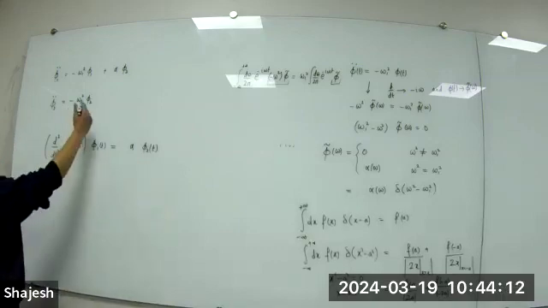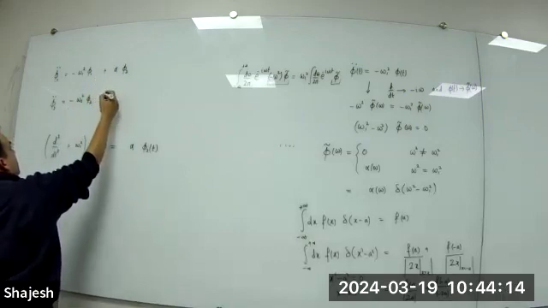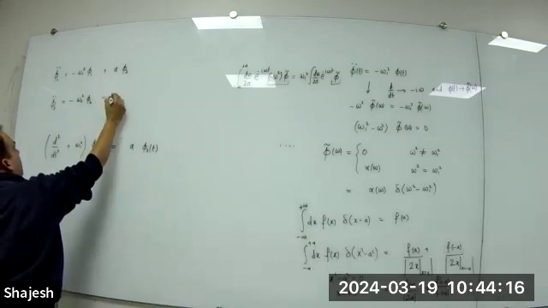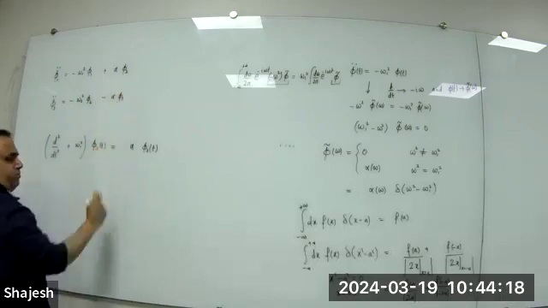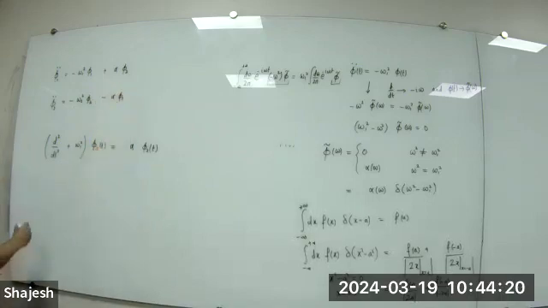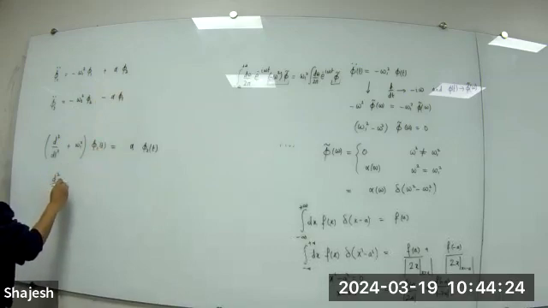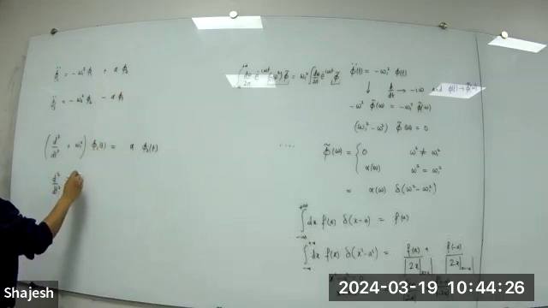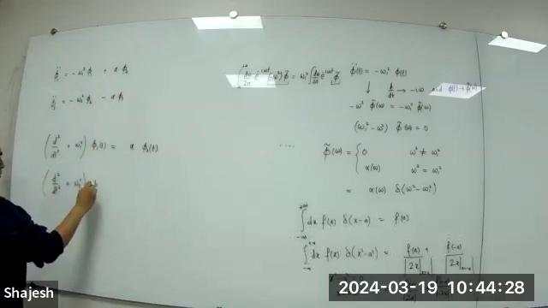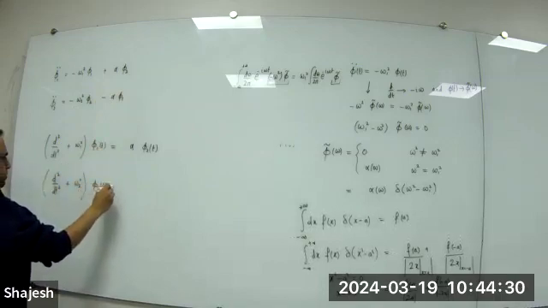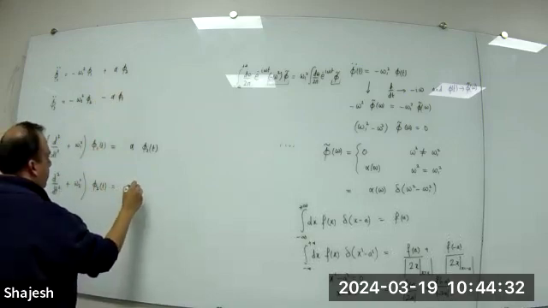Do the same thing here, maybe with alpha times phi 1. That's equal to minus alpha times phi 2.